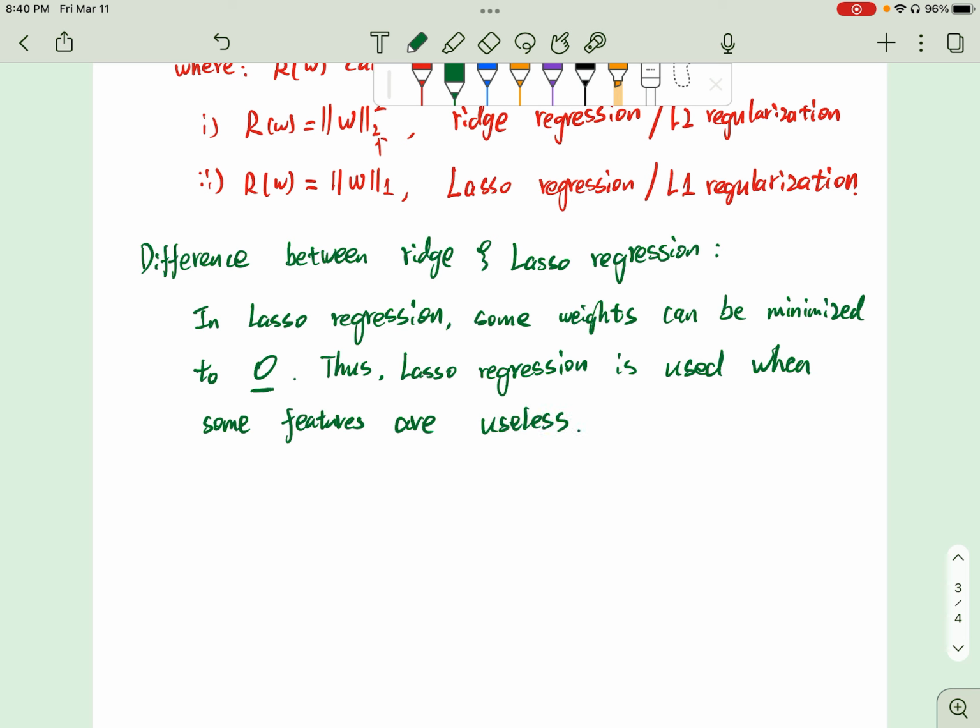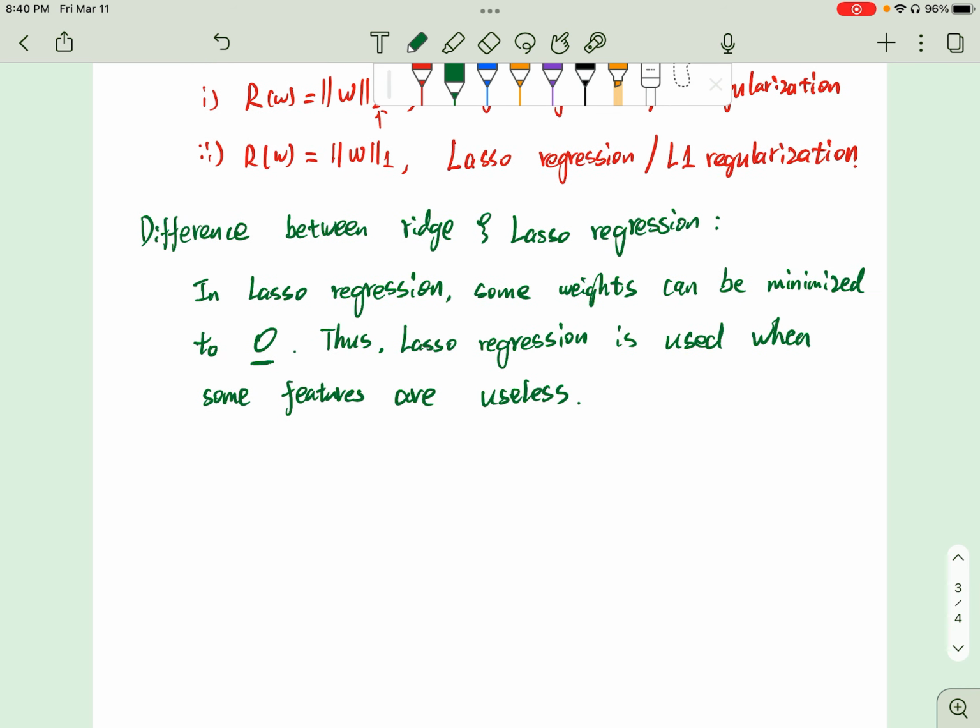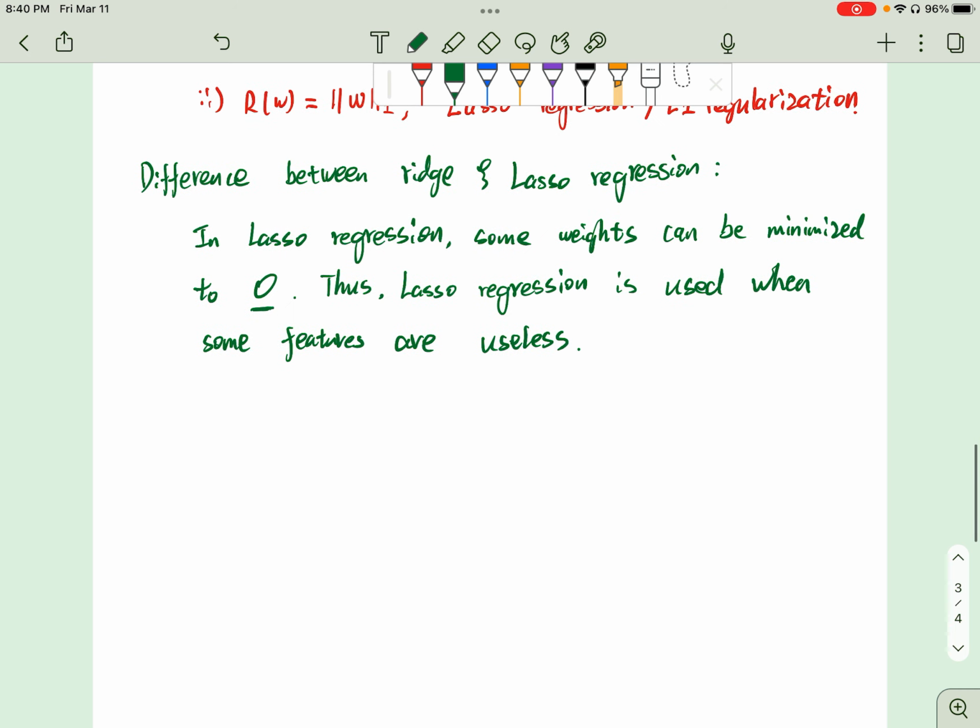You may think that in your data some features are useless, but you are still using them, but you know that some of them are useless. At this moment, you should use lasso regression. And lasso regression will cancel those useless features for you.